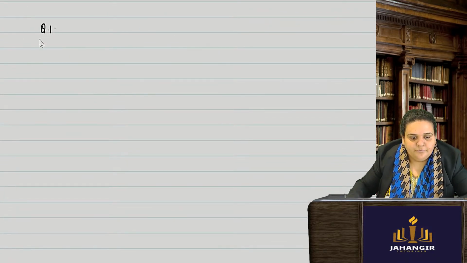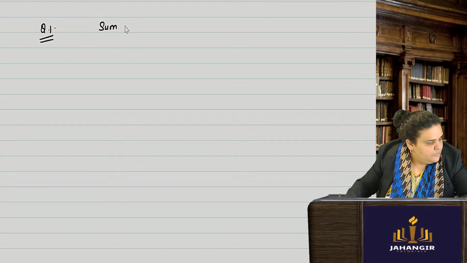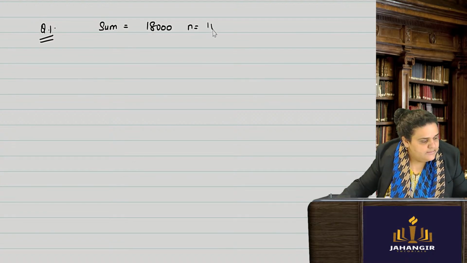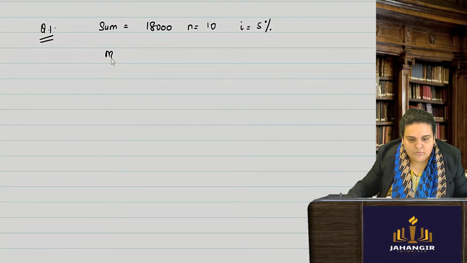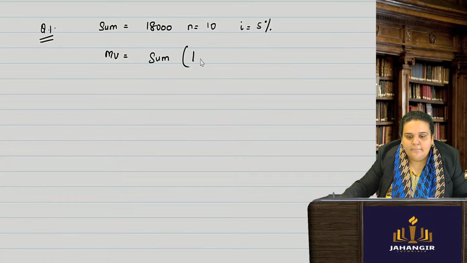Question number 1. Sum is equal to 18,000, N is equal to 10 years, and I is equal to 5%. So my maturity value will be equal to the sum invested into (1 plus I) raised to n.